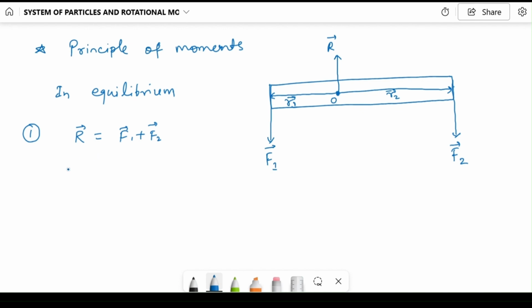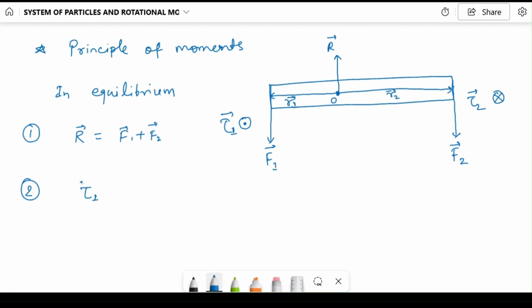And now, second thing, torque. Due to this F1, let's say it is tau 1, and you can find out this torque is pointing outward, meaning outward from this screen. And in this case, let's say this is tau 2, this is pointing inward.